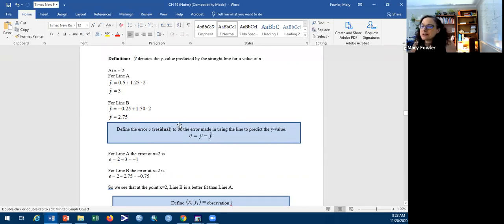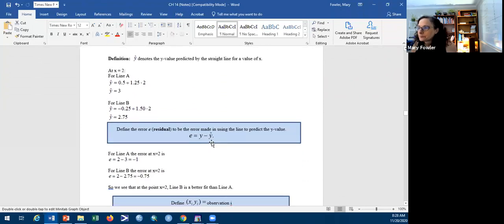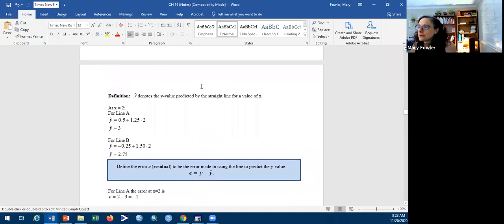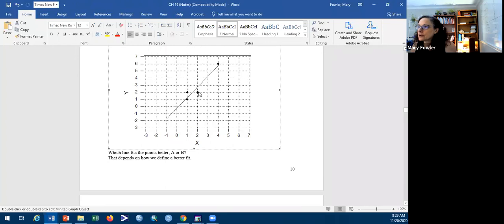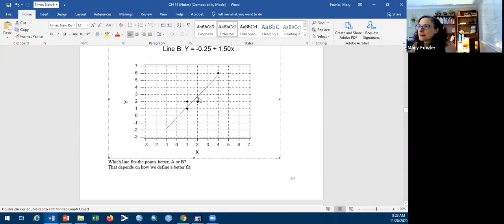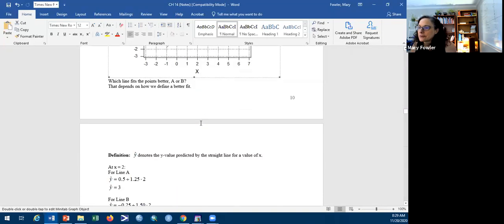And so now we want to talk about the error, or the residual. The error e equals y minus y hat. For this one point here, the true y is equal to 2, but for line A, y hat was 3.